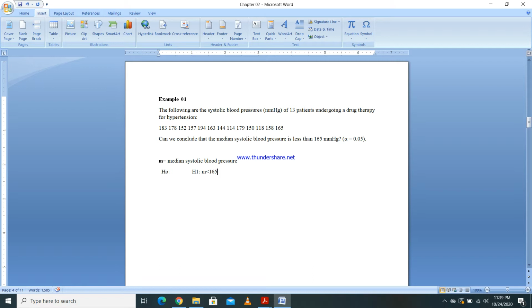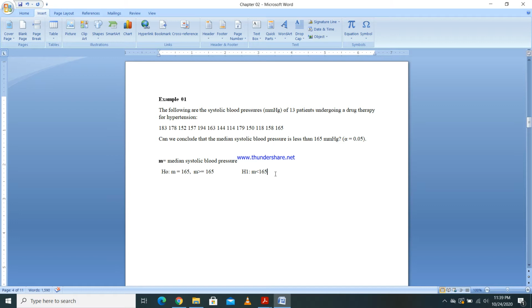That would be our alternative hypothesis. When you're writing the null hypothesis, you can write it as M equal to 165, or else you can write it as M greater than or equal to 165. Anything as you like, you can write it.